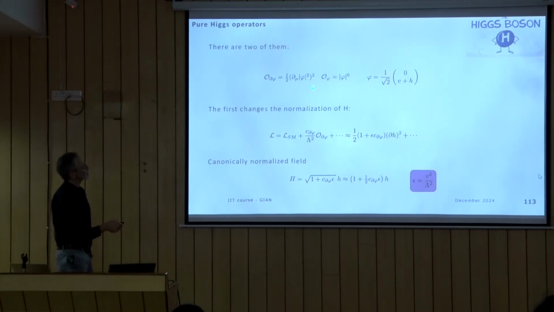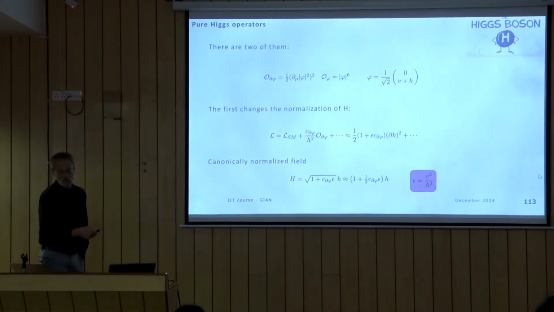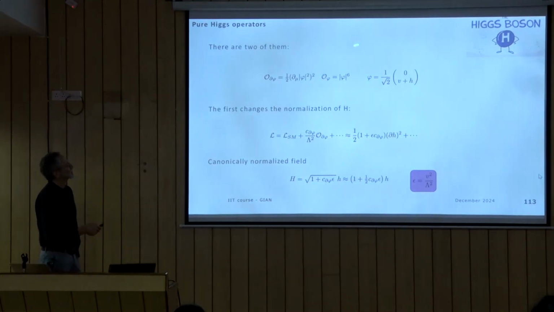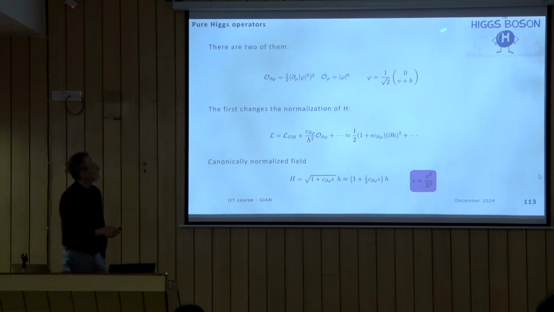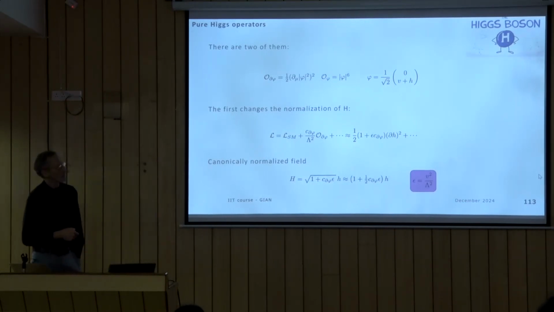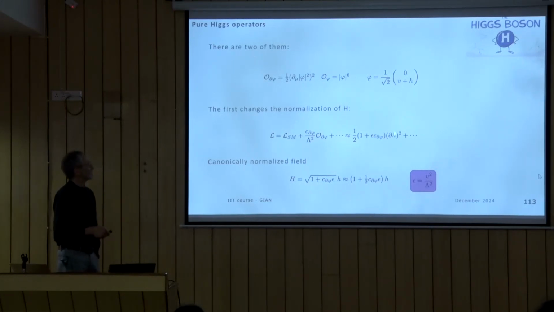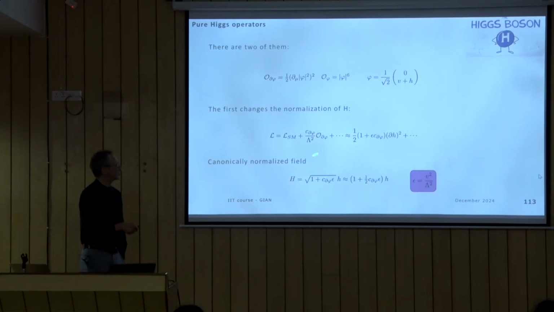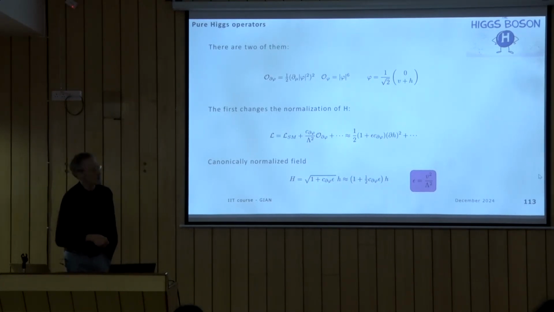When you look at this object, it changes, among other things, the mass of the Higgs, the VEV, and many other things. This I will not talk about, because this doesn't involve the couplings of the Higgs to the fermions. But this does, because in order to have a properly normalized kinetic piece, one needs to do a finite renormalization.